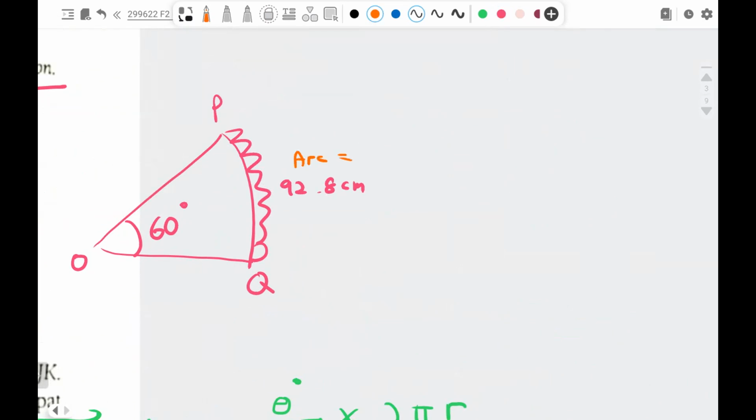So we have to recall: what is the formula to find arc? Kachin and Joe, or everyone, all of you, can you type for me? What is the formula to find the length of arc?